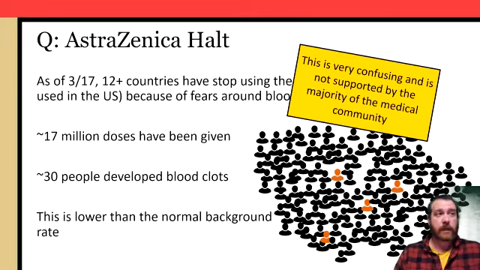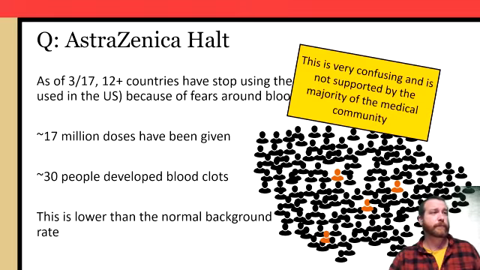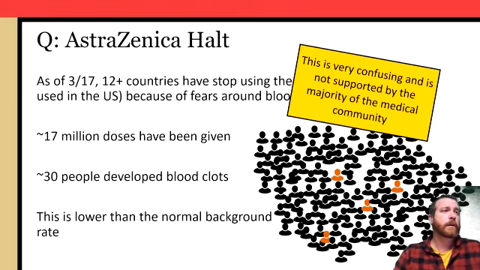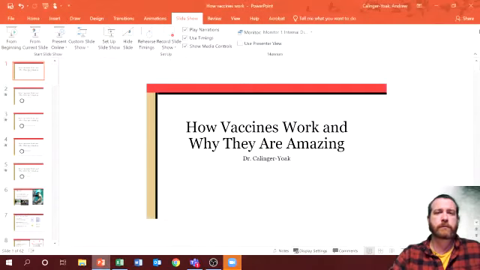Right now, there is no publicly available knowledge that explains why this has happened, and it appears to be more a political decision than a scientific decision. So keep an eye out for trying to figure out what's going on with this. But it's currently kind of confusing why this has happened. And I think that was all the extra slides I had as well.